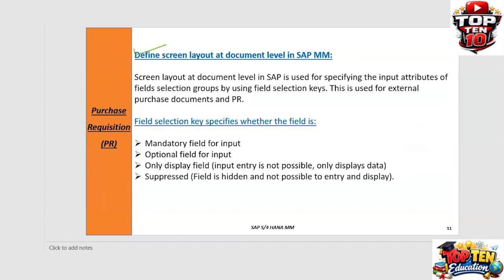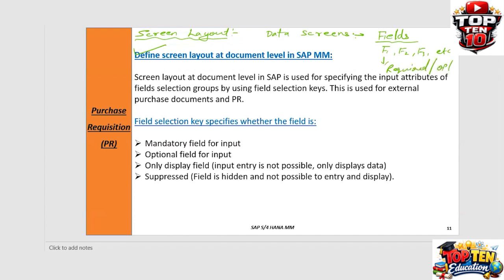Screen layout. Any purchasing document is made up of a number of data screens. These screens are made up of a number of fields available. Out of those fields, F1, F2, F3, F4, etc., there are many fields. So which field do we need as required or mandatory?